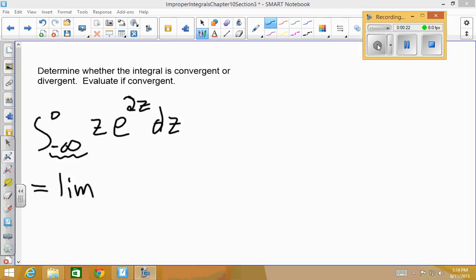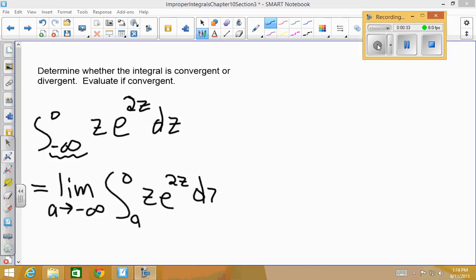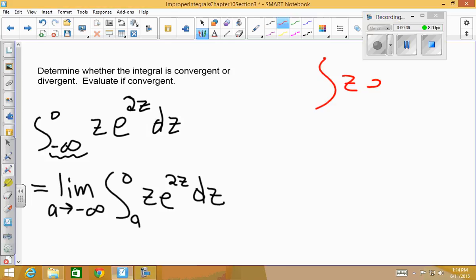The limit as a gets closer to negative infinity, the integral from a to 0, z e to the 2z dz. We need to find an antiderivative of that z e to the 2z. So let's go over on the side, see if we can't do that.